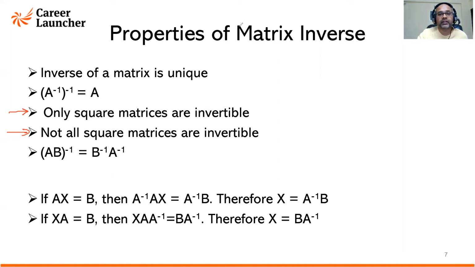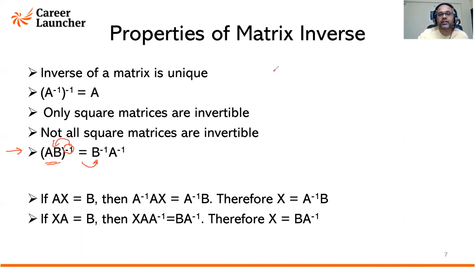The next property which is interesting is if you have a product of matrices AB and you want to find the inverse, first of all, if it exists, then you can write it as B inverse into A inverse. So the order will change if you bring the inverse inside the bracket.